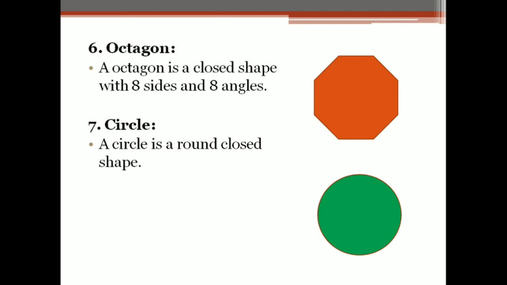Then we have seen the hexagon. In a hexagon, how many sides were there? Six sides and six angles. Right? Then we have seen the octagon. In an octagon, how many sides and angles? There were eight sides and eight angles. And the last one is the circle. And a circle is a round closed shape. So I hope all this is clear to all.